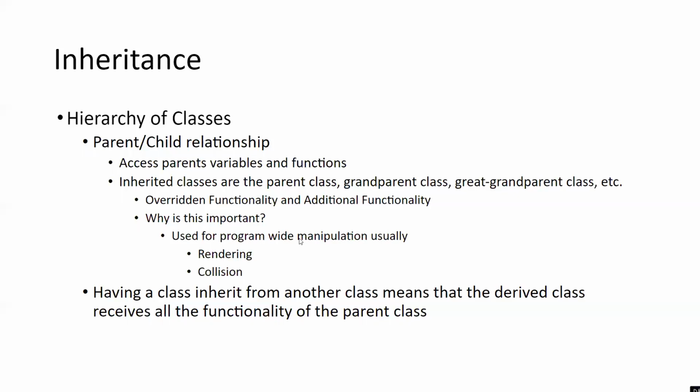Why is it important? Well, it's used for program-wide manipulation. So usually we'll create an interface, or we'll have a base class, which allows us to access a wide set of data relatively quickly. By using that base class, we can tell the system to give us all the classes of that type, and then we can do things like rendering and collision.